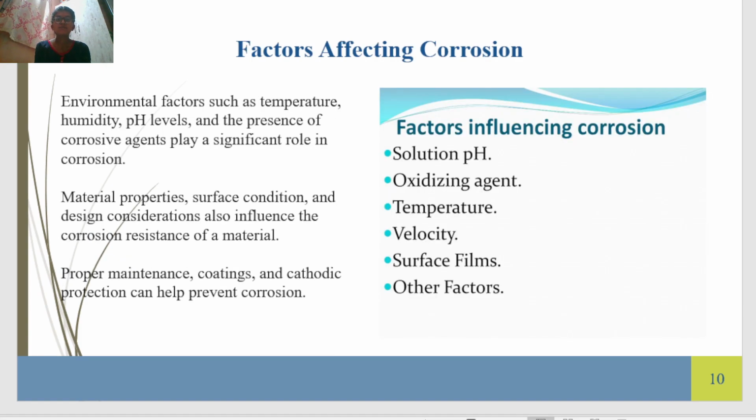Next we have the factors which affect corrosion. Environmental factors such as temperature, humidity, pH levels and the presence of corrosive agents play a significant role in corrosion. Material properties such as the type of material, surface condition and design considerations also influence the corrosion resistance of a material.